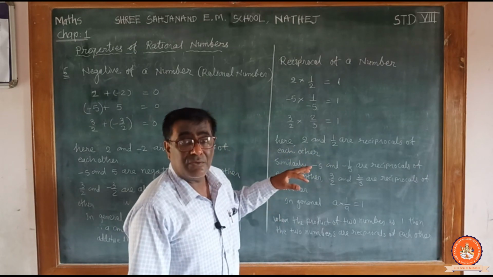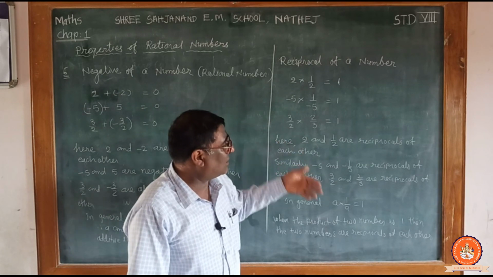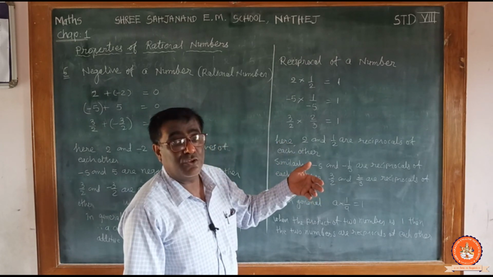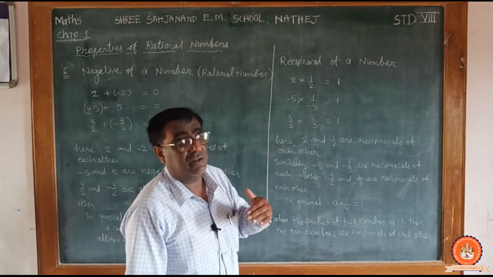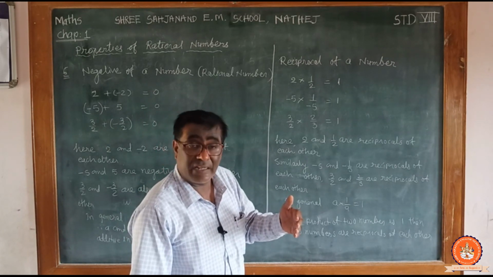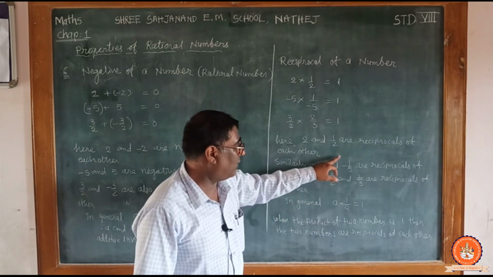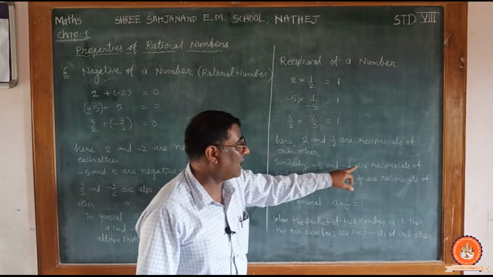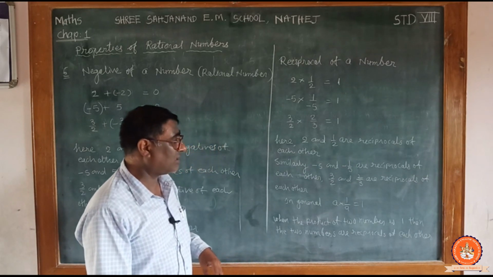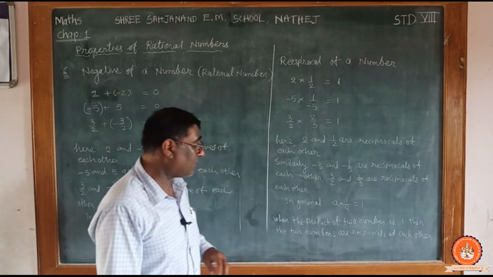How can you get the reciprocal of the given number? Just make the numerator the denominator and the denominator the numerator. So minus 5 and 1 upon minus 5 are reciprocals of each other. Similarly, 3 by 2 and 2 by 3 are reciprocals of each other.